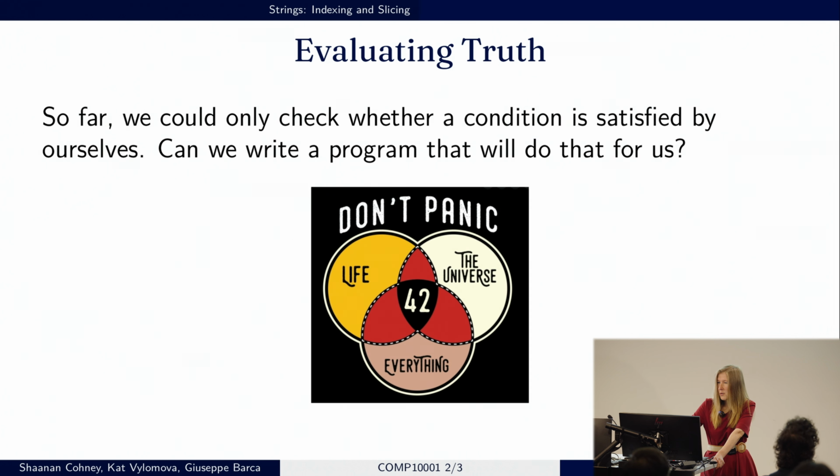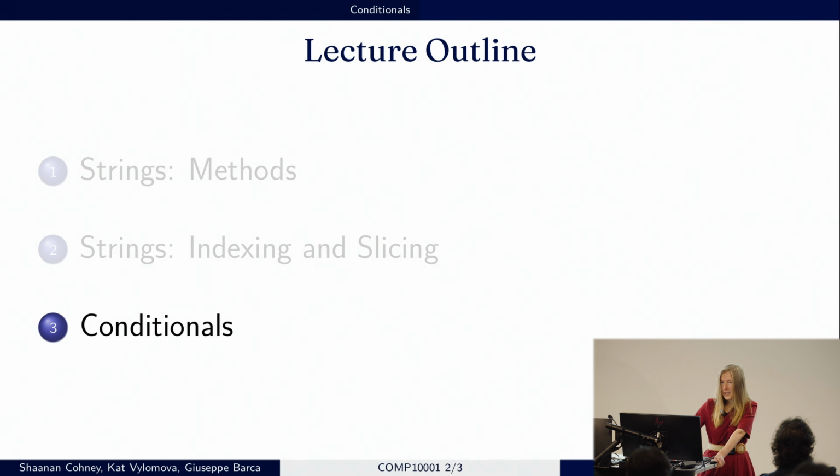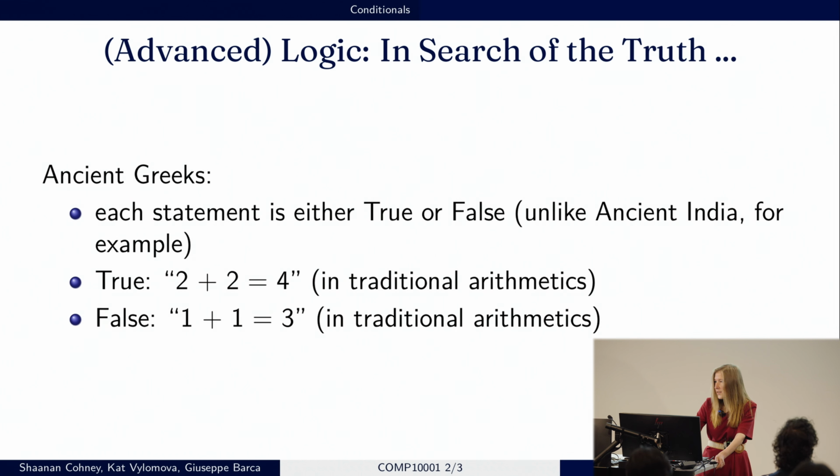So let's now move a little bit further away from programming back to philosophy and logic. So there was a lot of discussions in terms of how to represent logic. And again, previously on Friday, we mentioned that there are like ancient Greeks, they are like Boolean geeks.